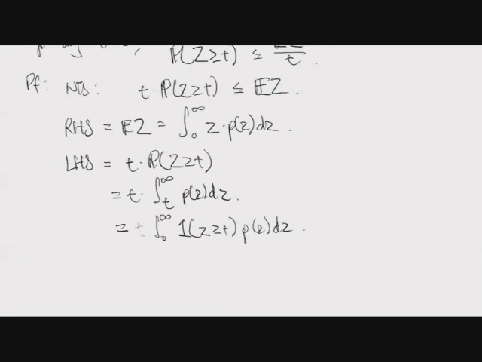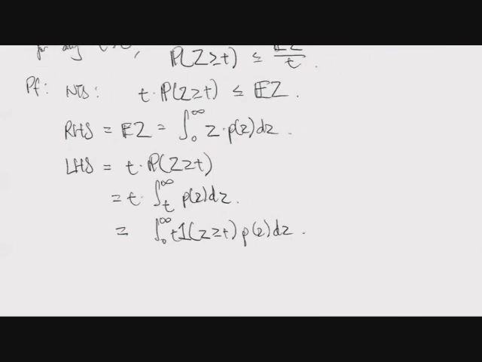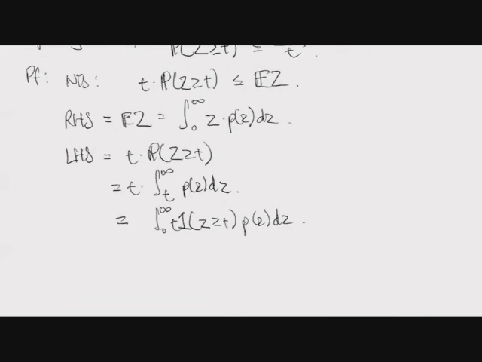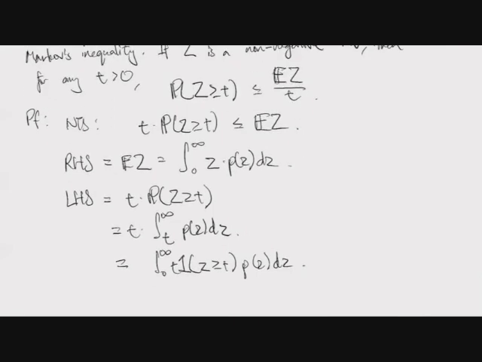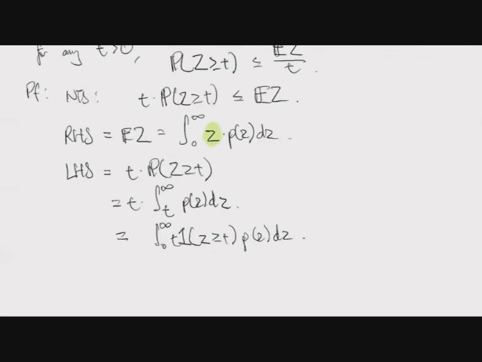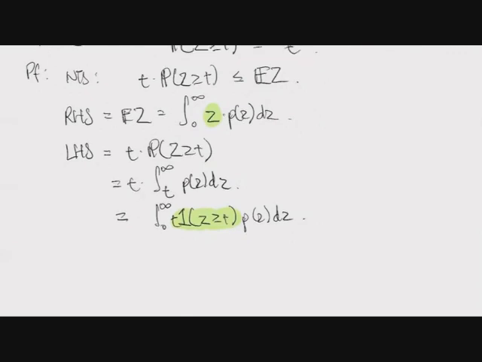And then I can move the t to the inside. So now I see two things. The right-hand side is the integral of this function z. The left-hand side is the integral of the function t times the indicator of z bigger than or equal to t. In both cases, we weight them by this density p(z), but it's the same density, so we don't need to care about it.